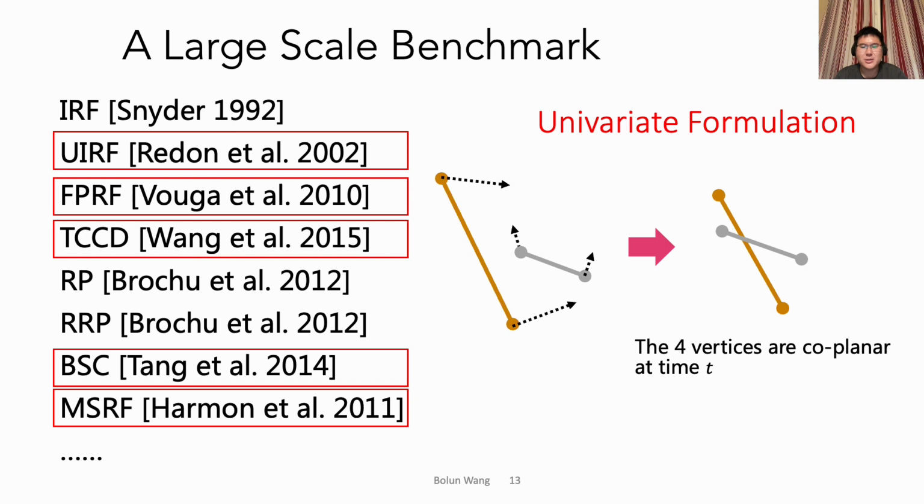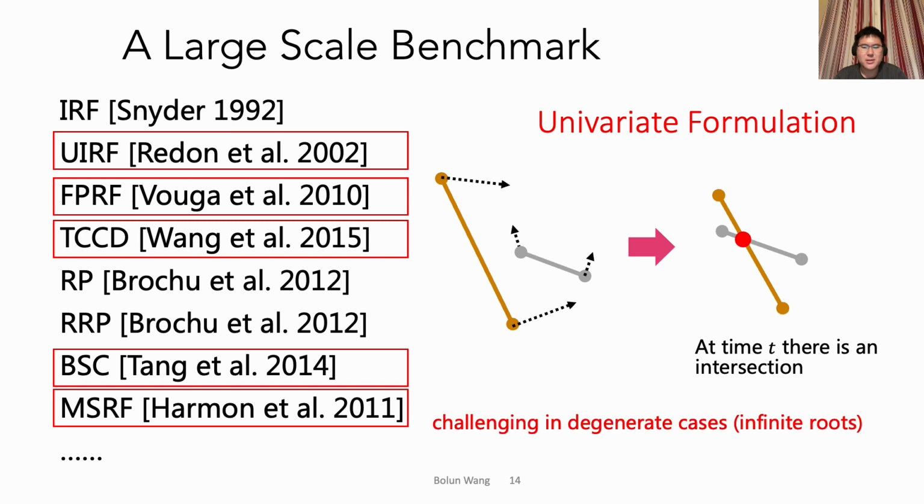Then check at time t if there are intersections between the two objects. And during the process, we need to solve a cubic function with variate t.